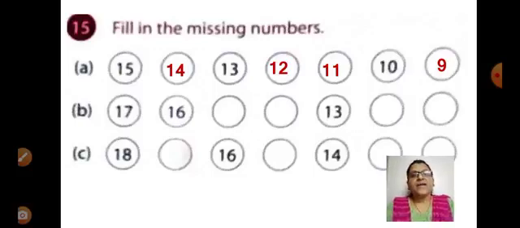Then example B, 17, 16, then which number will come children? Yes, 15, 14, 13 is given, 12 and 11.